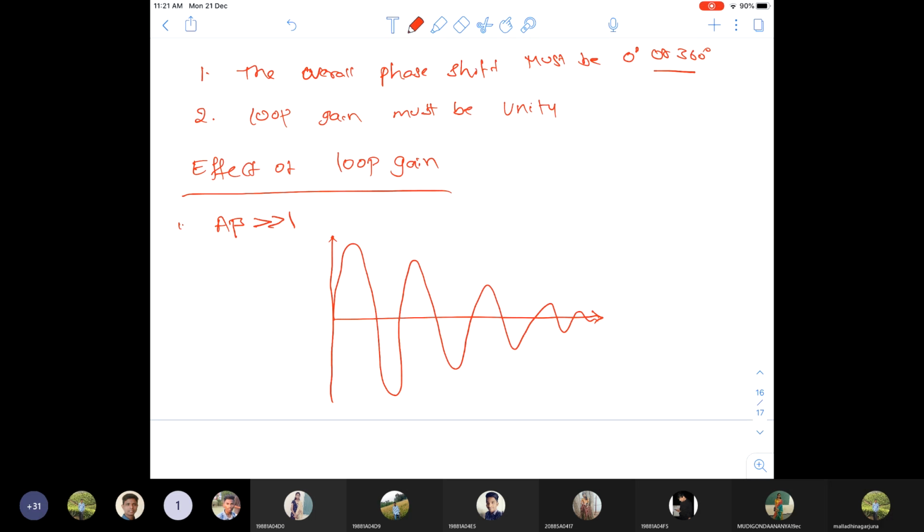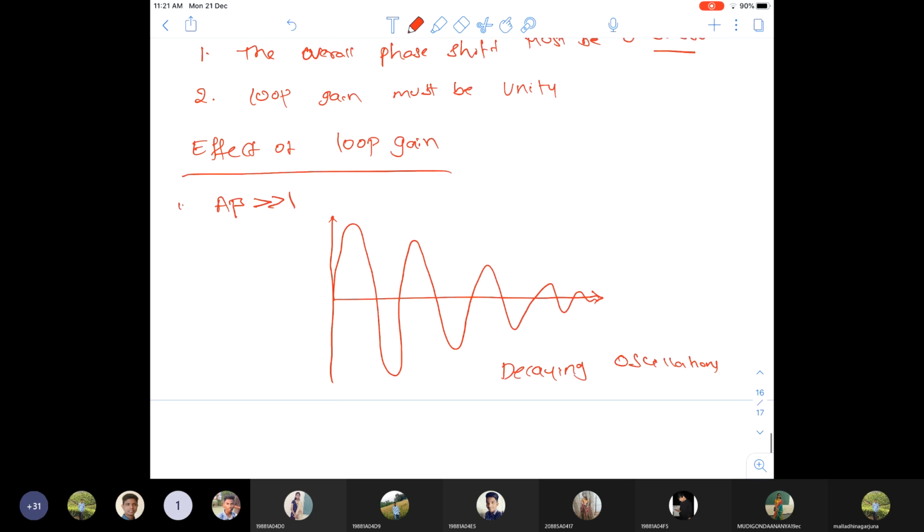So this is decaying type. Initially the peak is high, then the next cycle and the next cycle keep going down. This we call decaying oscillations. If you maintain A beta greater than 1, your output will be like this.